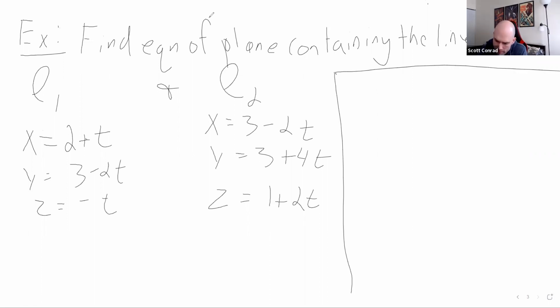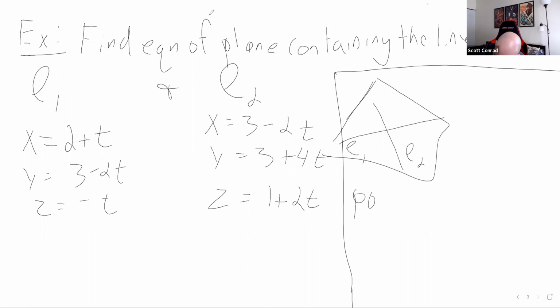Okay, so let's see if we can figure out how we would do this. Let's suppose we have some plane containing a couple lines, L1 and L2.